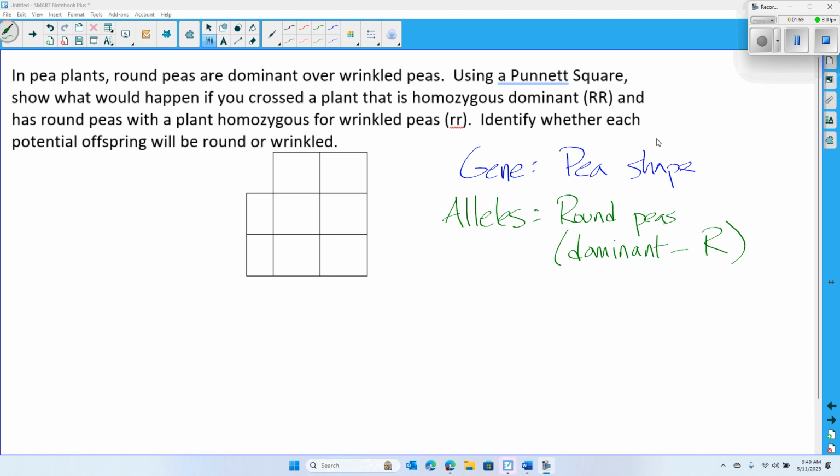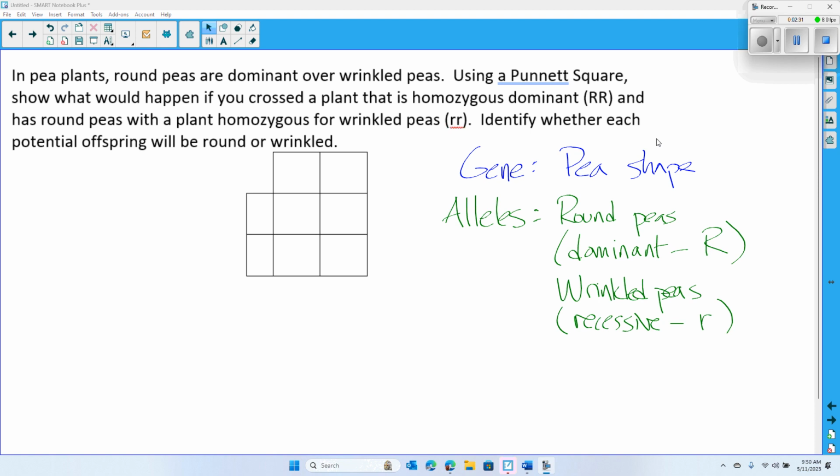And the other allele is for wrinkled peas, and that's the recessive allele, and we'll use a lowercase r to indicate the presence of that allele. When we talk about dominant and recessive alleles, not always, but typically what we're talking about is the difference between a version of a gene that actually does something or a version of a gene that just really kind of doesn't do much at all.